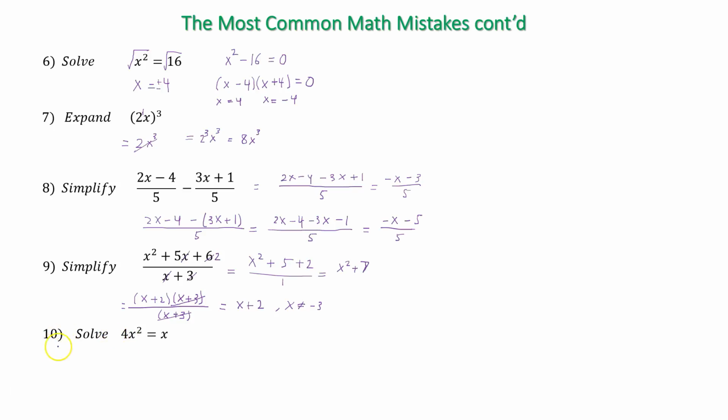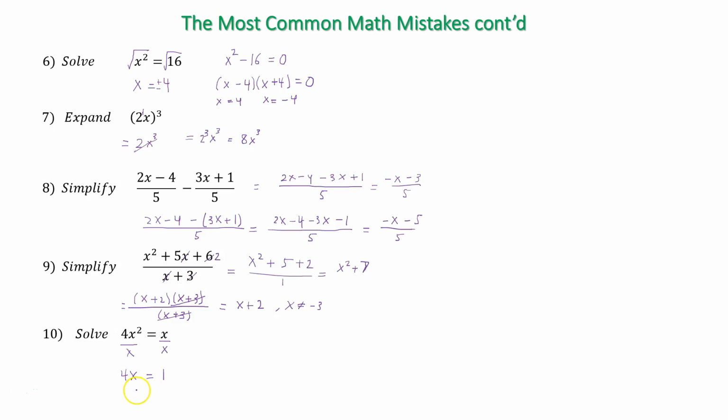Okay, and so the last example we have, it says solve 4x squared is equal to x. And what some students would do right away is they'll just divide both sides by x, which will result in getting 4x is equal to 1.